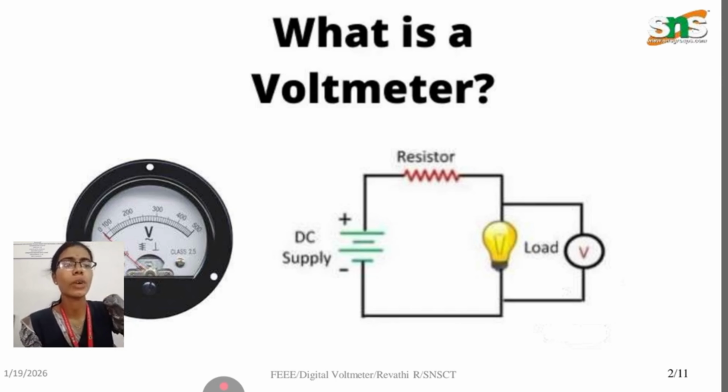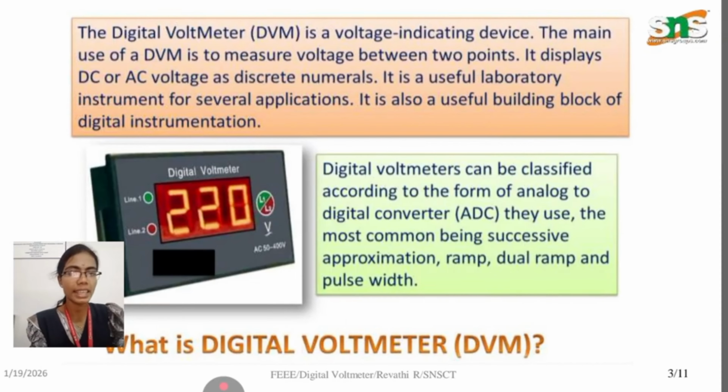So there is a wide variety and range of voltmeters. A voltmeter is always connected in parallel across the load, whereas an ammeter is connected in series, due to the voltmeter's high resistance value.